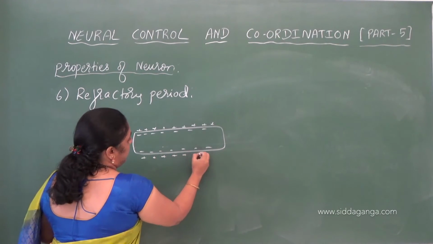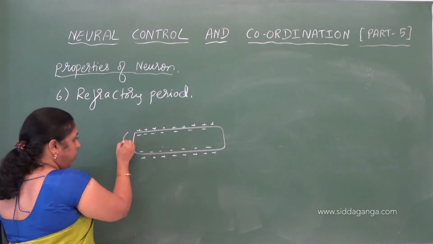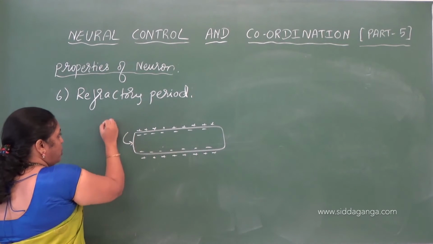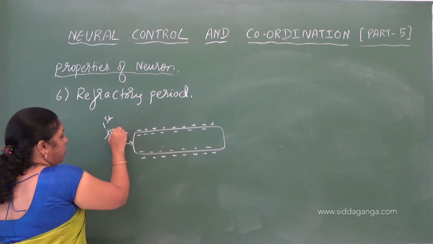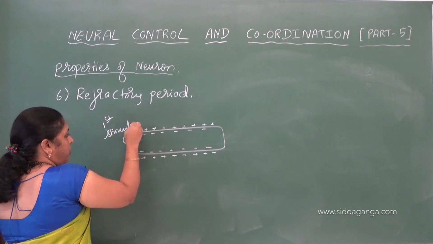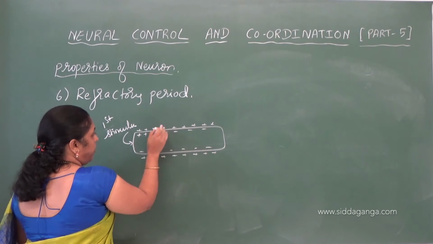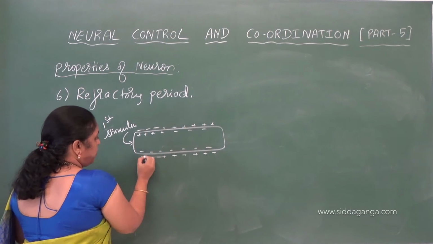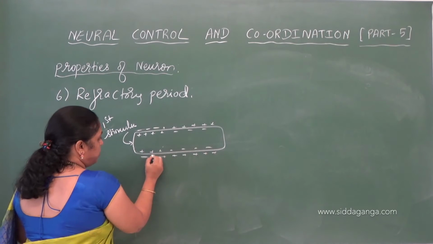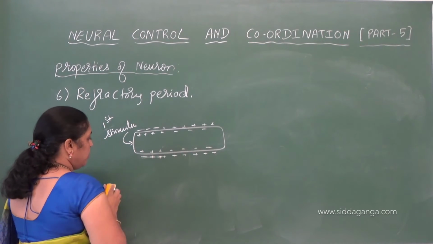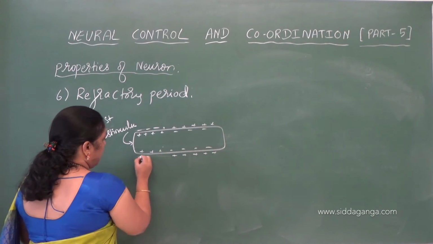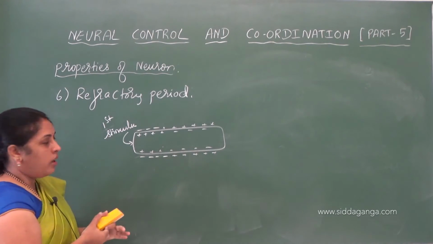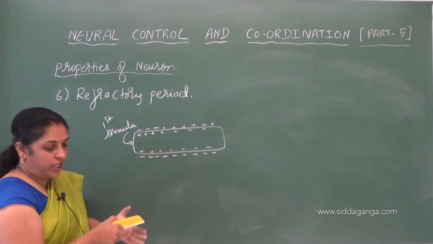When we apply stimulus for the first time, this area becomes depolarized, so inner becomes positive, outer becomes negative, and action potential is generated here.